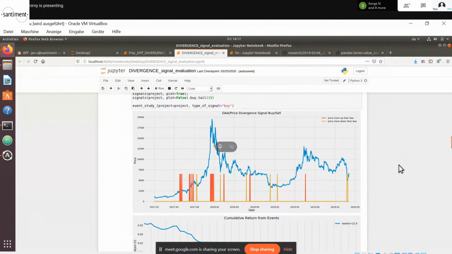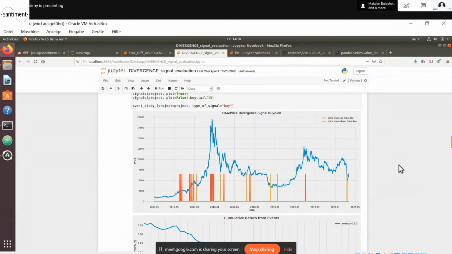I selected an arbitrary method. In this case, I looked at the sum over the log returns, and I had to select an arbitrary window over which I calculated this trend. And then I have to select a more or less arbitrary threshold on top of that, like what counts as a strong enough divergence to fire a signal.